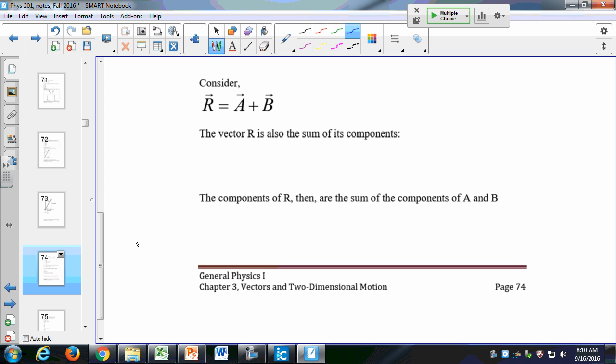It's equal to the vector sum of the x and y components of R. Because if I draw R, it's going to look like this, Rx and Ry. So what we need to do is figure out what are the x and y components of R. And we can do that by considering the x and y components of A and the x and y components of B.